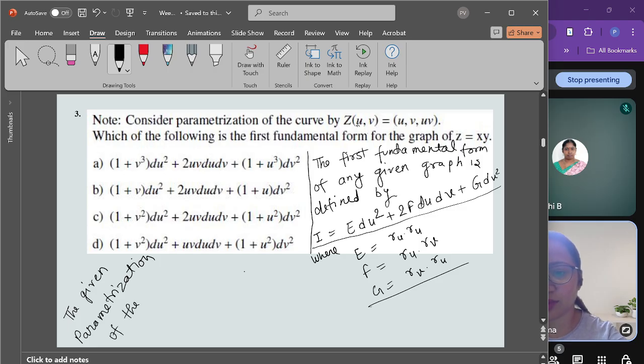So the parameterization is given as z(u,v) equal to (u, v, uv). First we need to find the partial derivatives with respect to u and v.